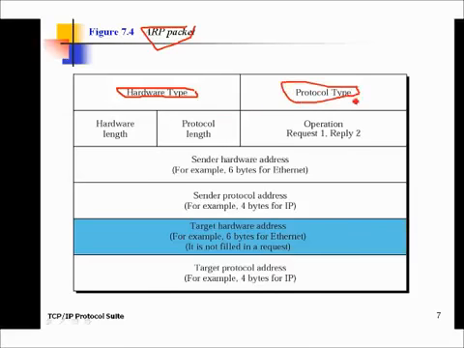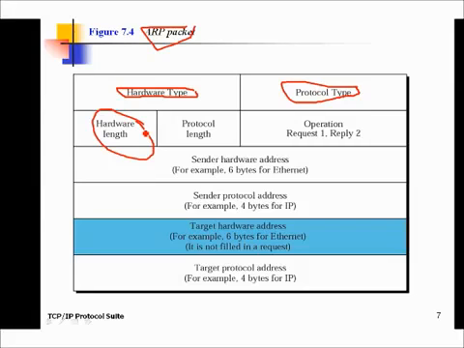Protocol type. This is a 16-bit field defining the protocol. For example, the value of this field for the IP version 4 protocol is 0800 based on 16. ARP can be used with any higher level protocol. Hardware length.